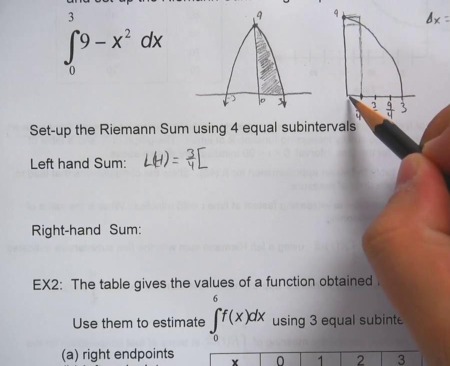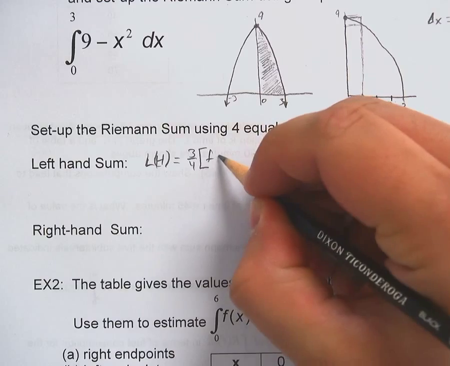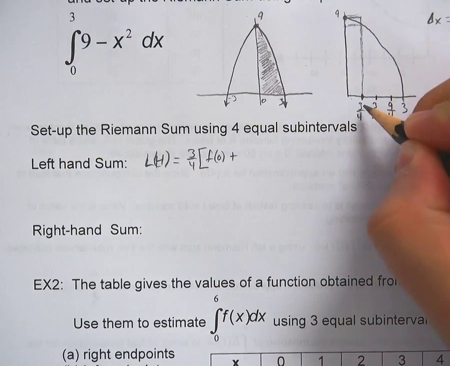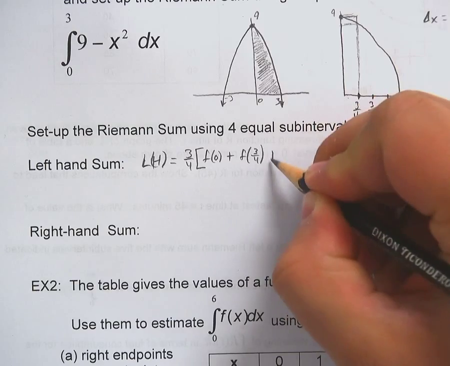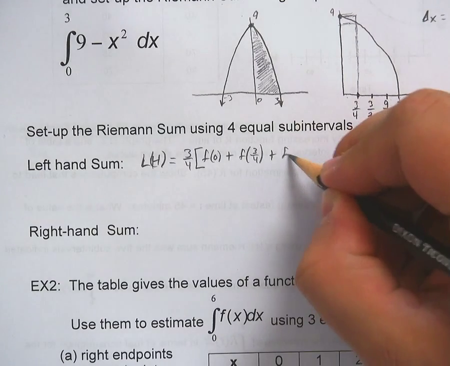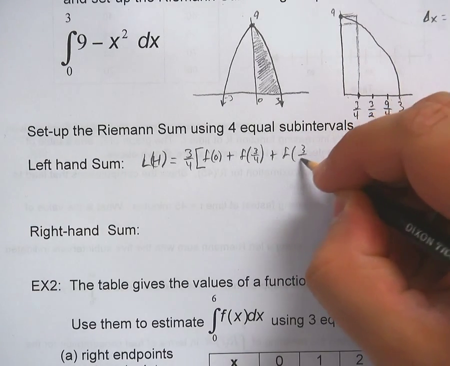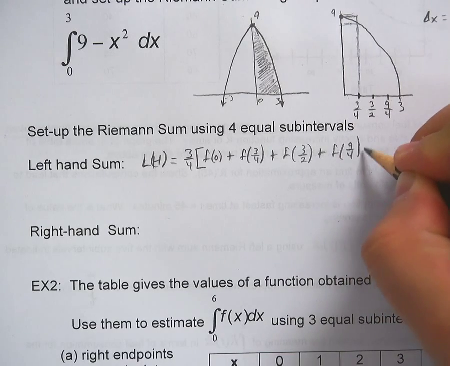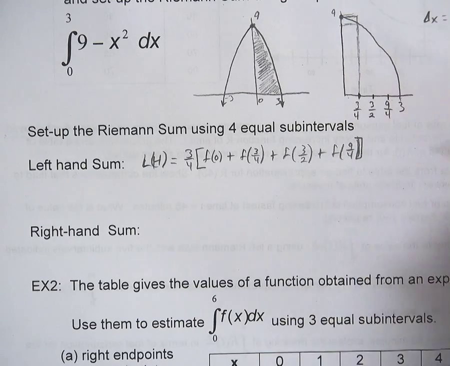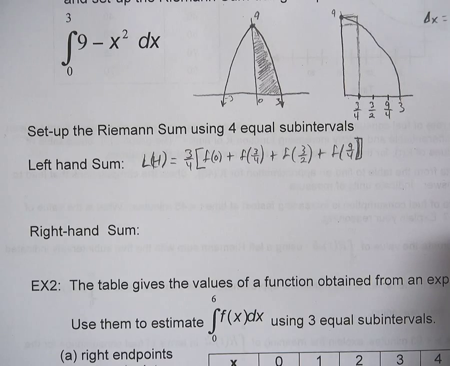So we'll have f of 0 plus f of 3/4 plus f of 3/2 plus f of 9/4. So you take all your left-hand points and add up the y values.